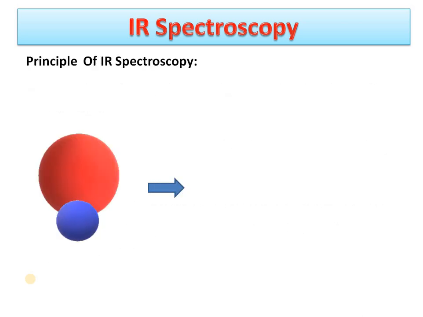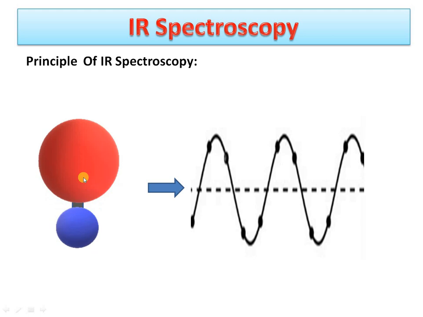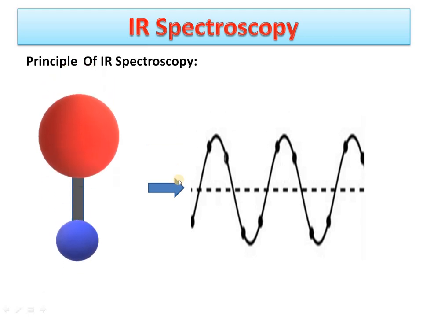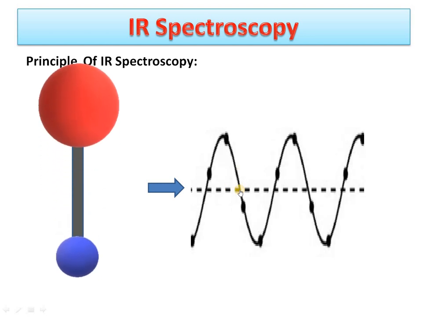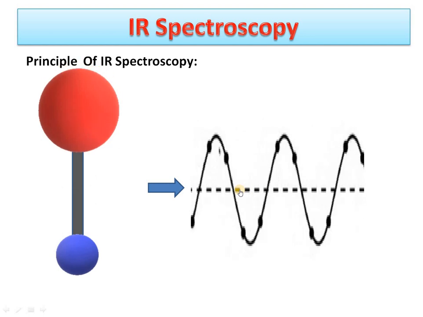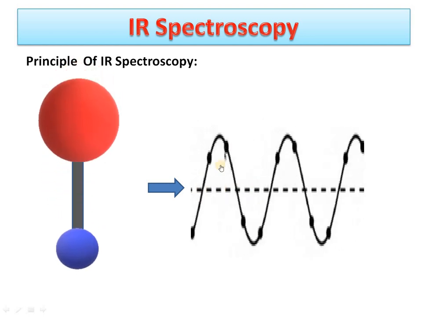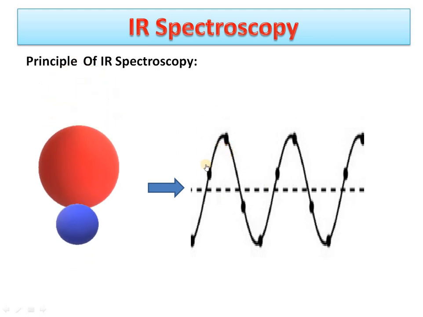Now you can see a molecule which is always in vibrating state. The covalent bond is acting like a spring. In that case, it produces an electromagnetic field, and the electromagnetic field which is produced has intensity depending on the change in dipole moment made by this vibrating molecule.